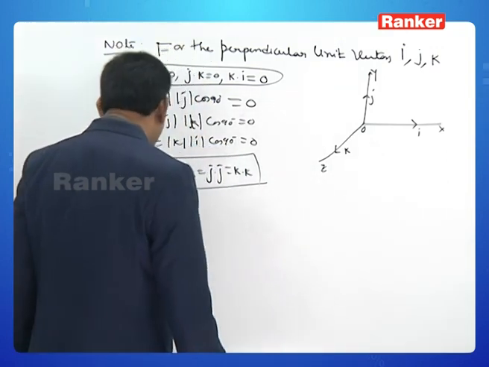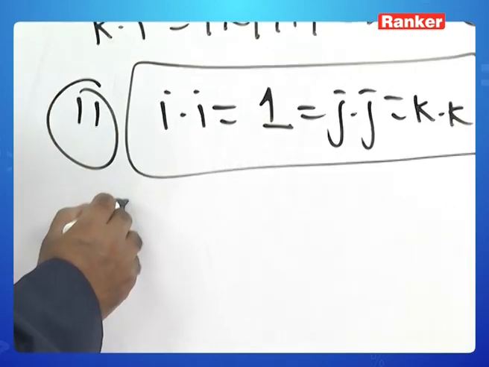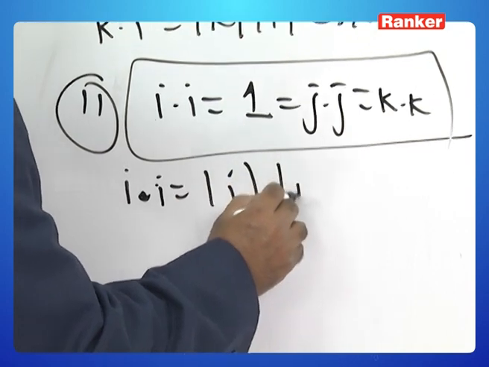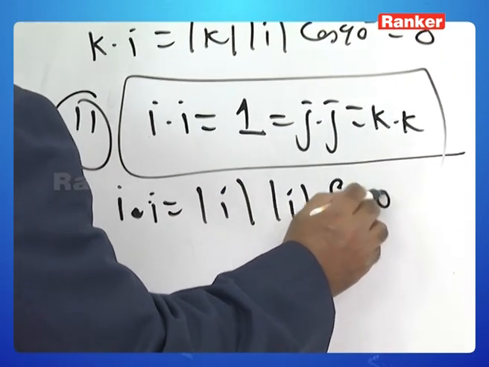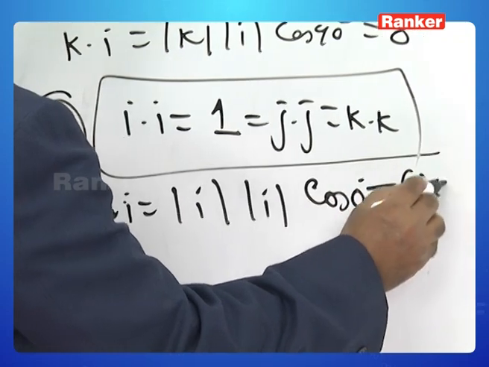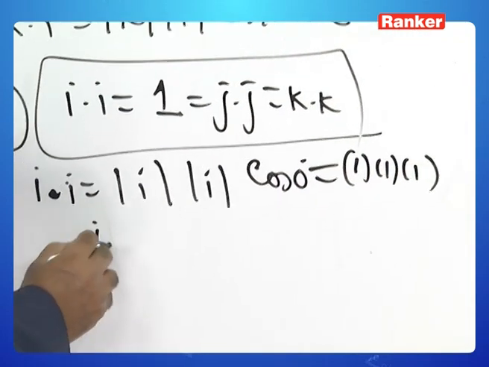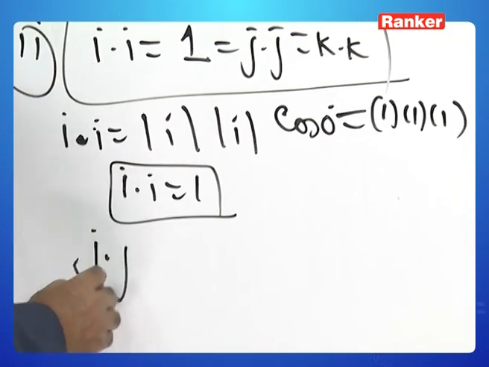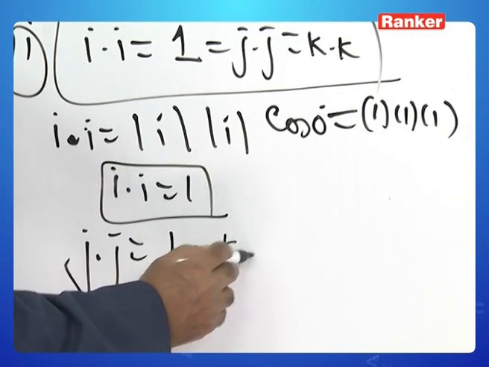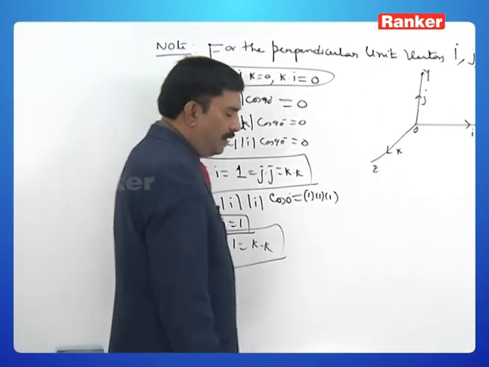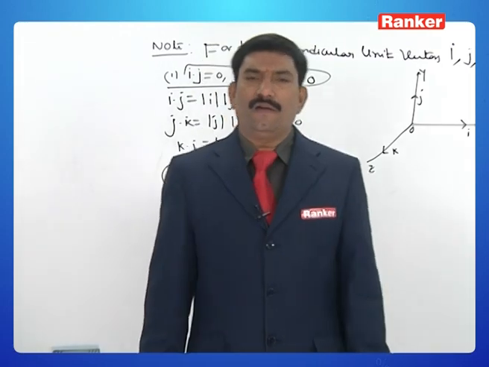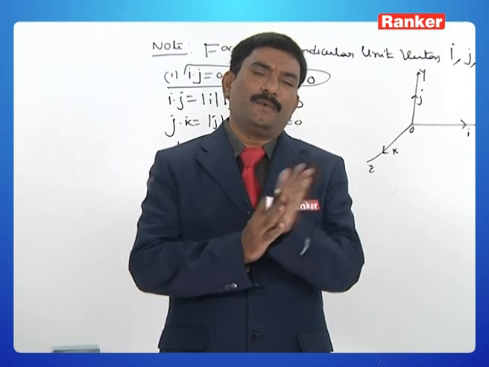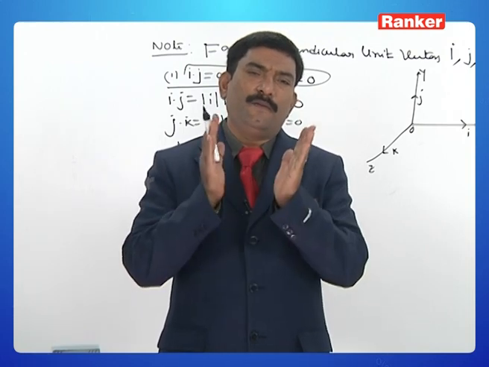So now i dot i is modulus of i into cos 0. This is also 1, this is also 1. Therefore, i dot i is equal to 1. In the same fashion, j dot j is equal to 1 and k dot k is equal to 1. So hereafter, i dot j, j dot k, k dot i are 0, and i dot i, j dot j, k dot k are 1.